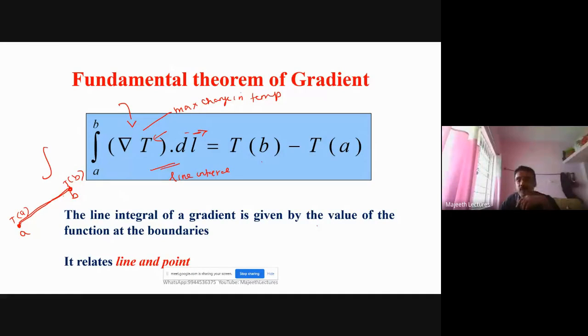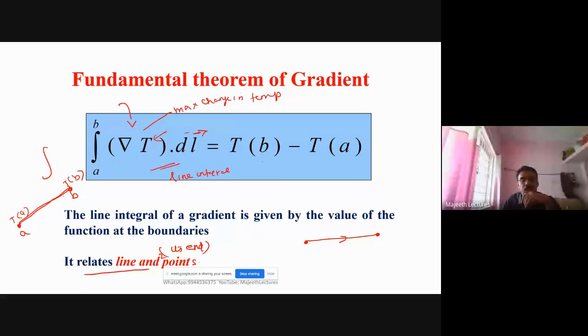We know the end of any line is a point. So what is the end? This line has two ends. One end has one point, another end is one point. So the end of a line is a point. So the gradient theorem relates a line and its end, which is nothing but a point. We can say it is 2 points.